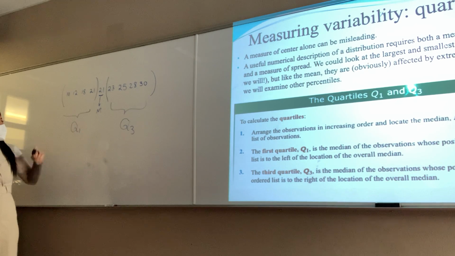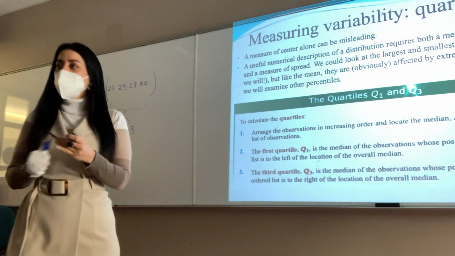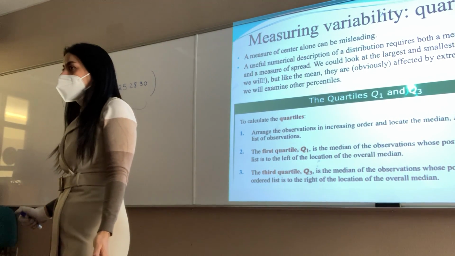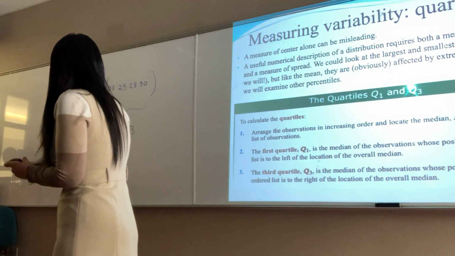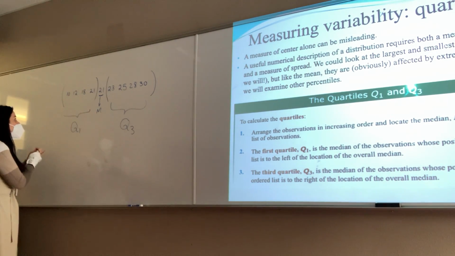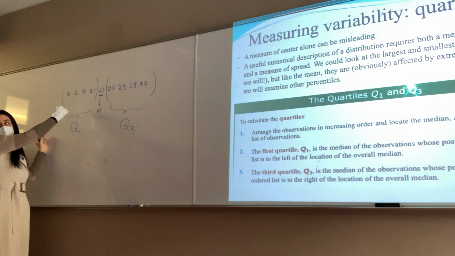So now you tell me what is Q1, what is Q3 for this example that I have on the board. Q1 is 15. Help me with that. So what did you do?